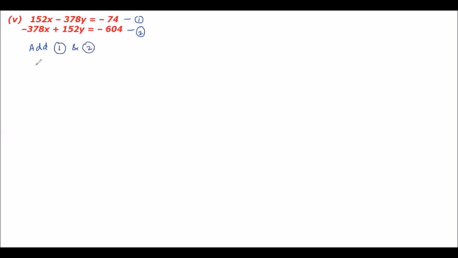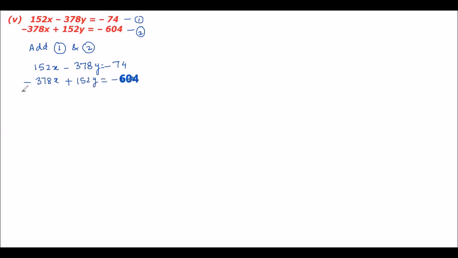So when you add, this will be 152x minus 378y minus 70 is equal to minus 74, and this is minus 378x plus 152y is equal to minus 6.